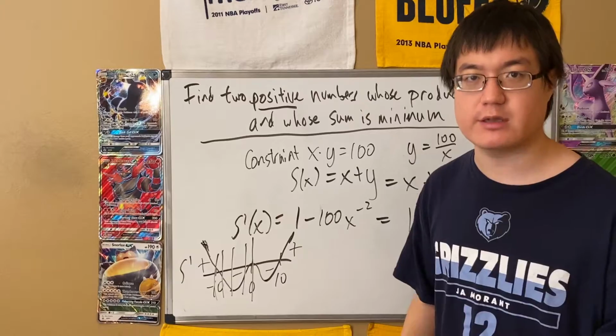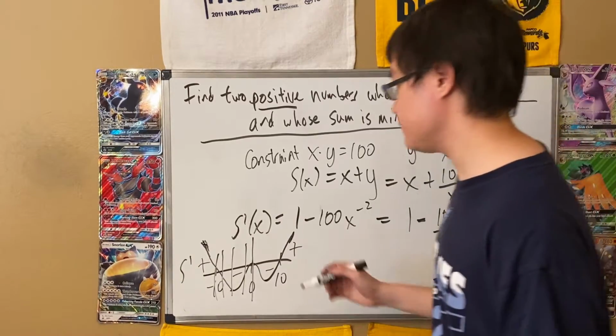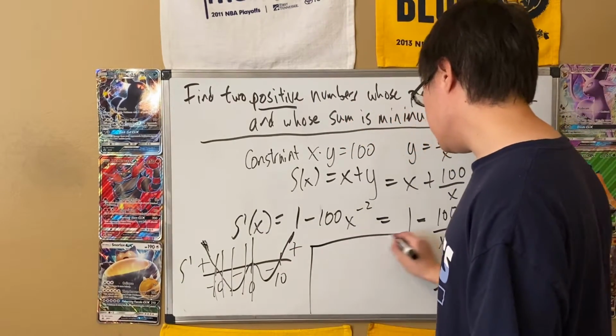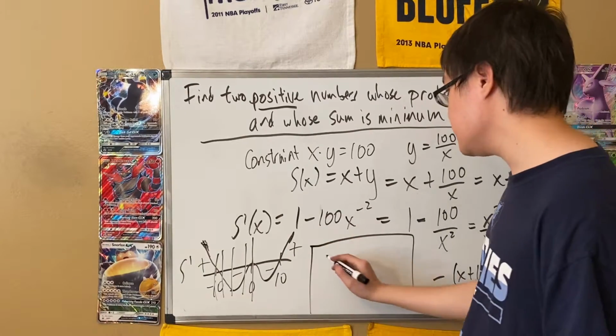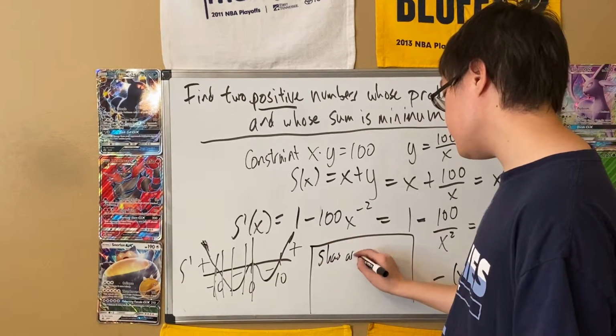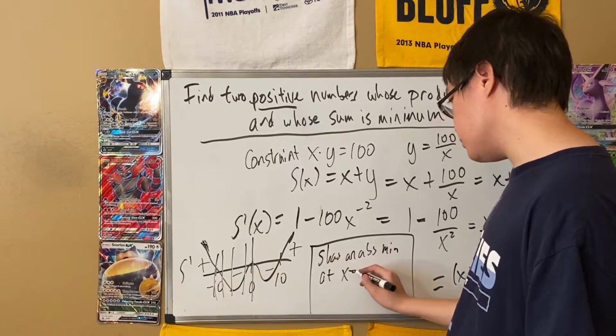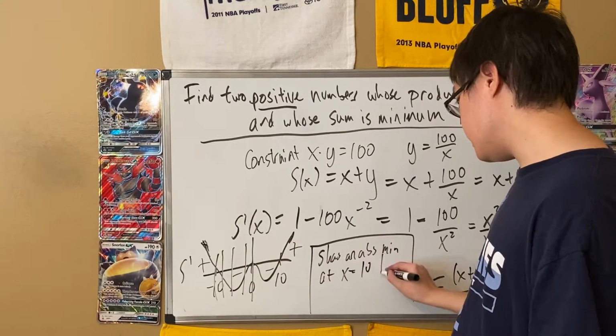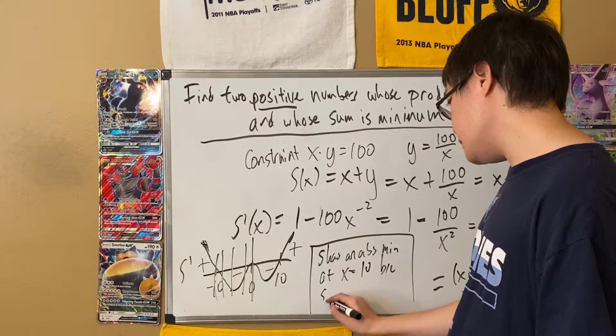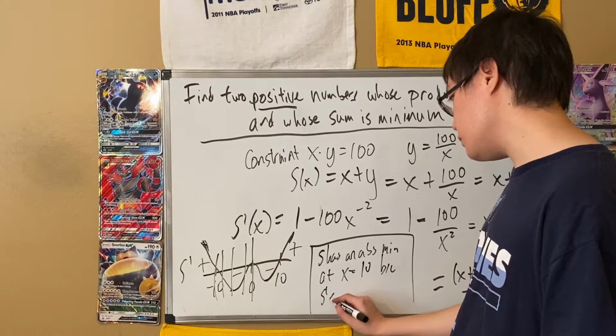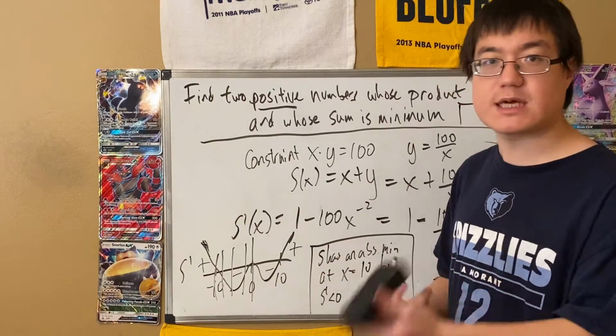And that's the situation that allows me to write the following sentence. The sentence being the same sentence as the previous two questions. S has an abs min at x is equal to 10 because S prime is negative for the sign part of the sign chart you care about.